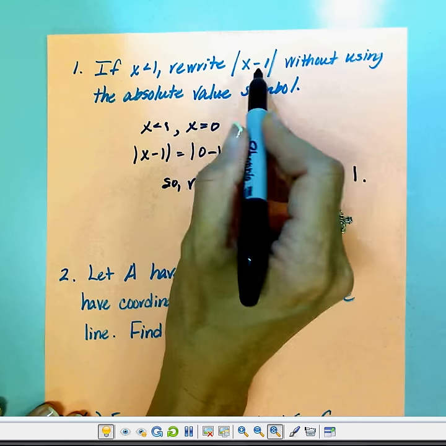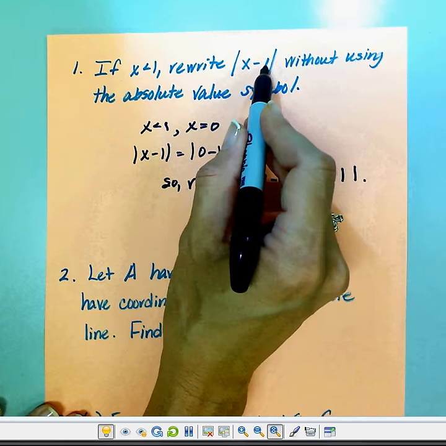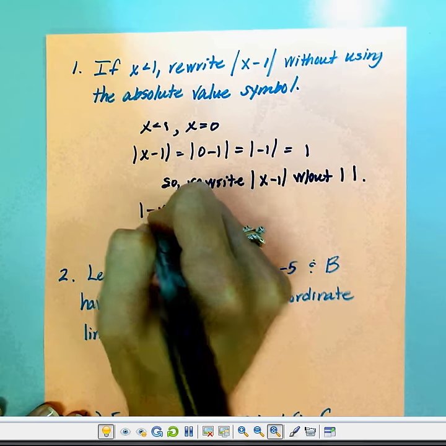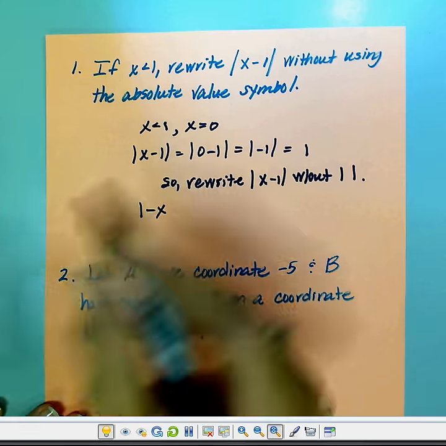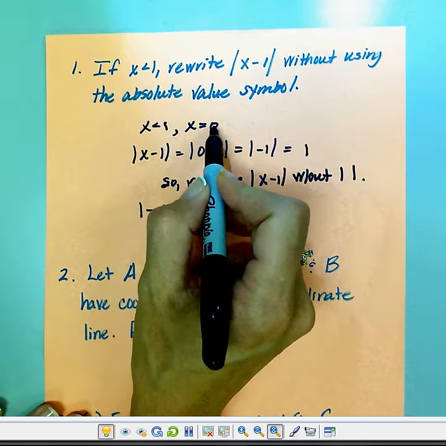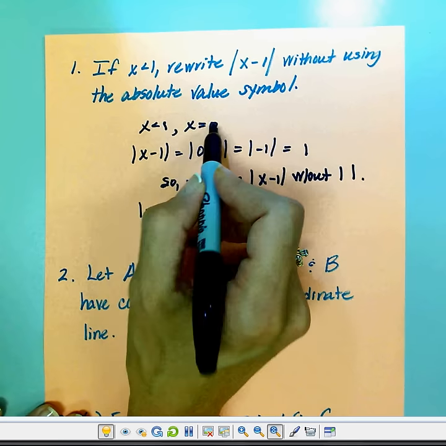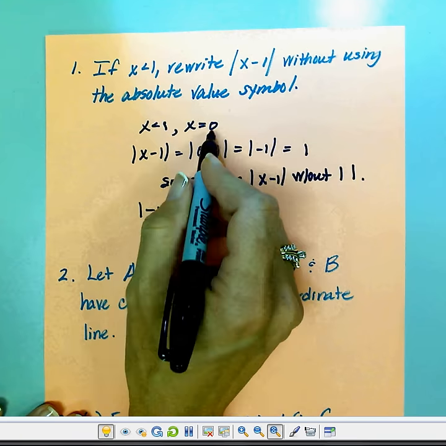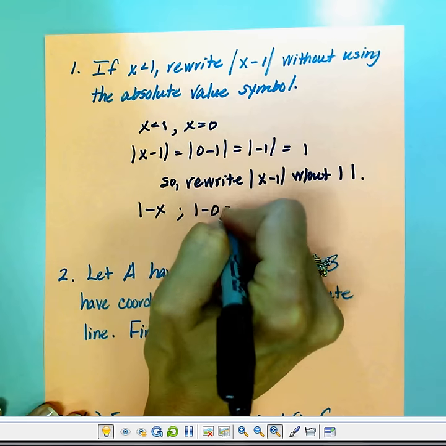So I'm going to go ahead and flip this expression. So instead of x minus 1, I'm going to just flip it and see if that makes a difference at all. So I'm going to just flip it, again without absolute values, and I'm going to substitute in the same value, which is important. If you choose 0 for with the absolute values, you have to choose 0 for without the absolute values. So look what happens when I substitute in 0 now for x. So I have 1 minus 0, which is 1.